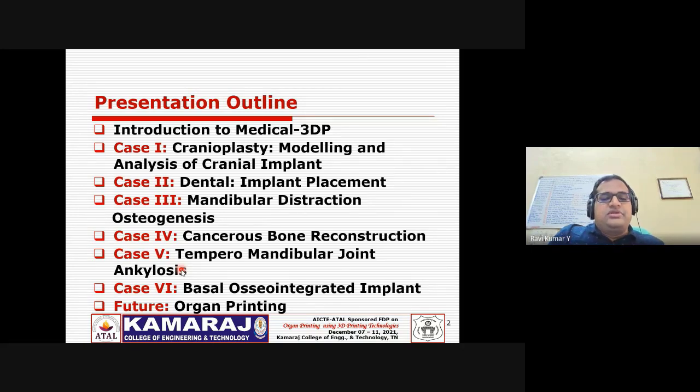So that is the fifth case study. And the sixth case study, again a metal 3D printing technology, helpful for designing and fabricating the indigenous implant for a patient-specific or patient-matched need.